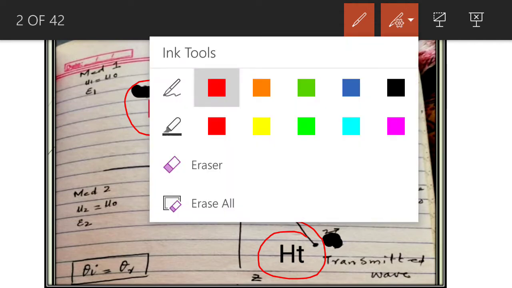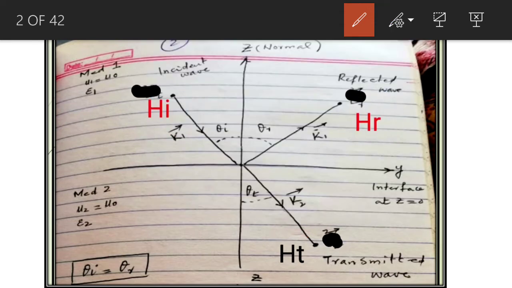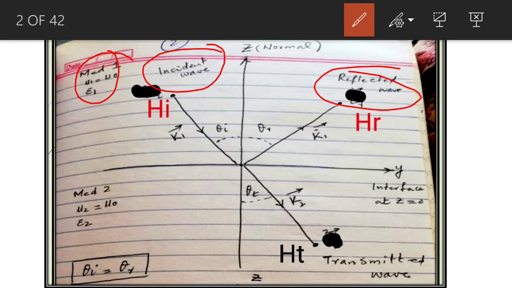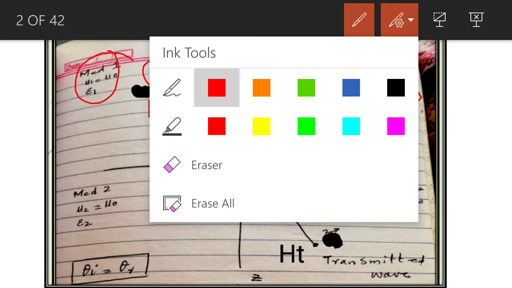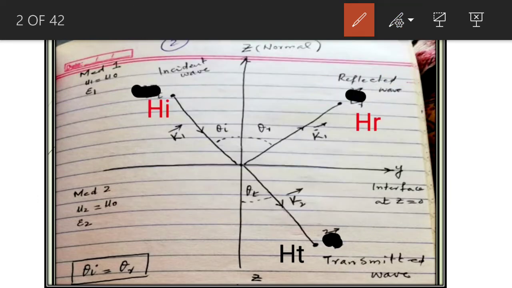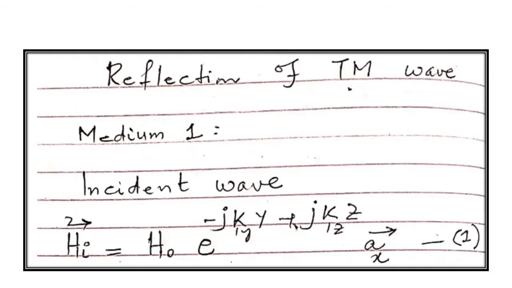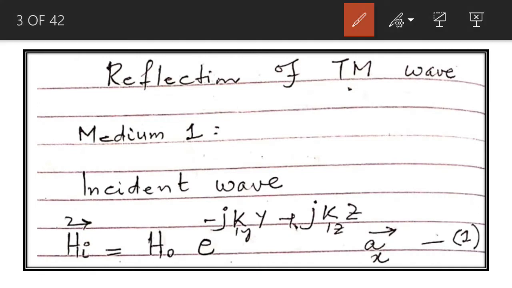So we consider medium number 1, and you see in medium number 1 we have got two waves, the incident wave and the reflected wave. So let us consider the incident wave in medium number 1.